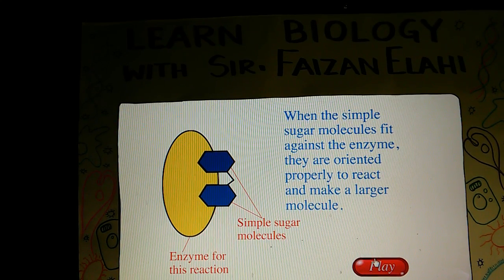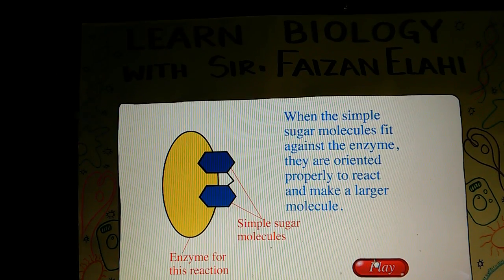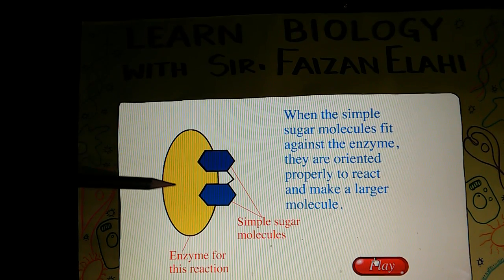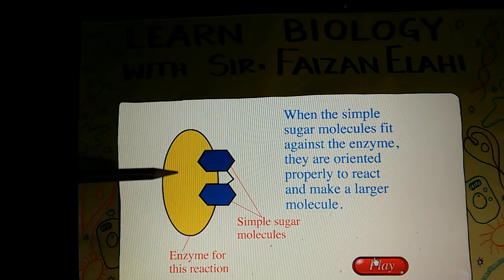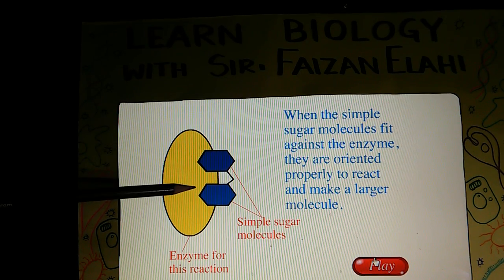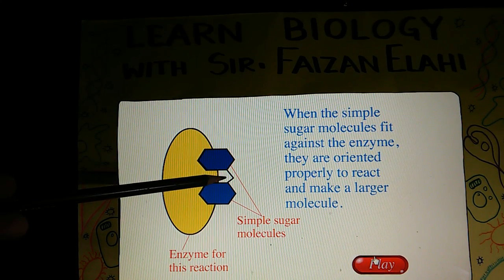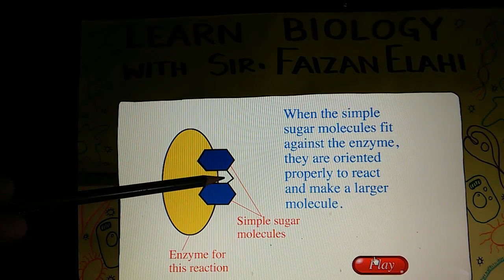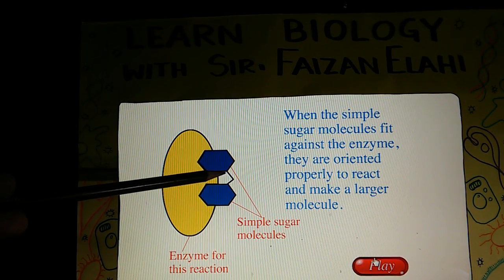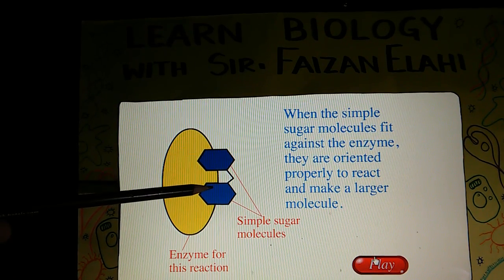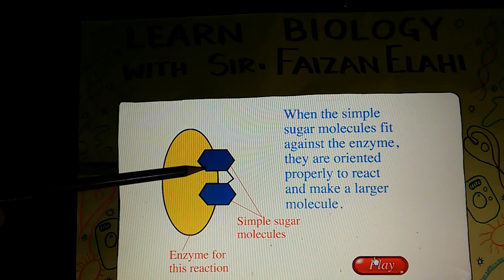Now, when simple sugar molecules fit against the enzyme, they are oriented properly to react and make a larger molecule. So this orientation with the enzyme actually helps the sugar molecules to make a bond. Now you can see that the free ends connect with each other and form a molecule which is bigger than the simple molecules.